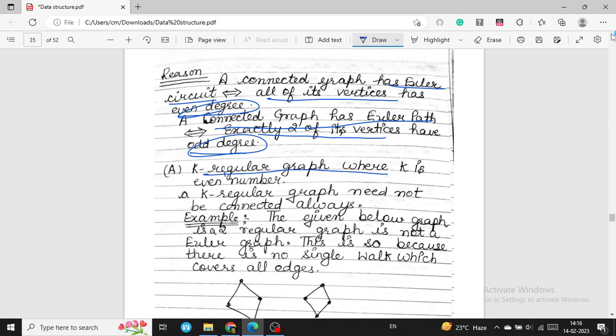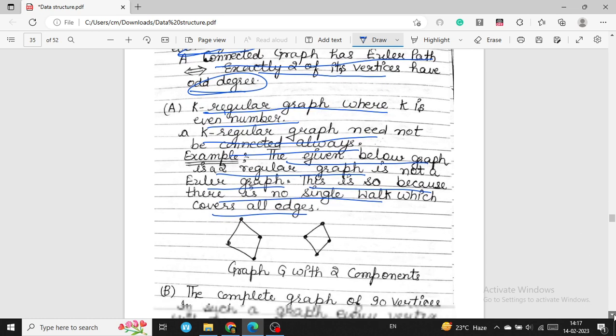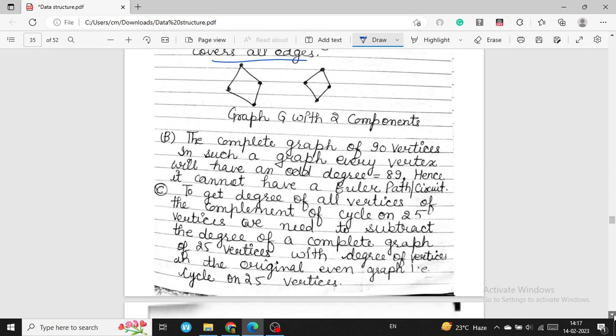A k regular graph where k is an even number need not be connected always. The graph given below is a two regular graph which is not an Euler graph, and this is so because there is no single walk which covers all the edges. So that's why it is not an Euler graph, sorry.